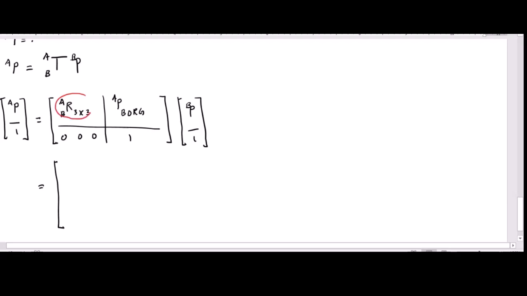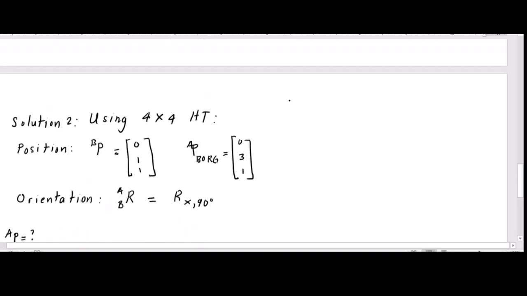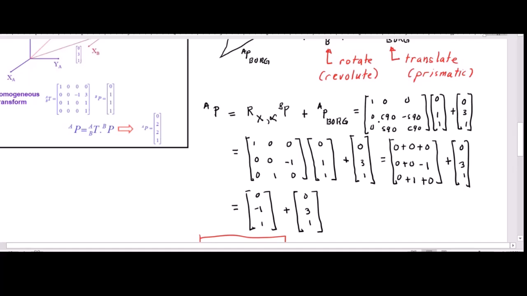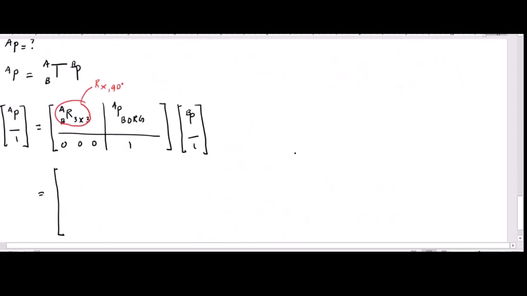Our 3 by 3 is a rotation, which is the Rx 90 degrees. Therefore, I will write the matrix for that, which is 1, 0, 0, 0, 0, 1, 0, minus 1, and 0. So we will bring it here.